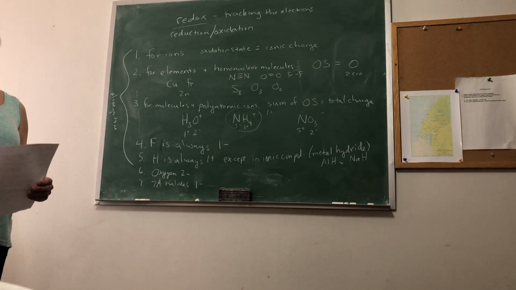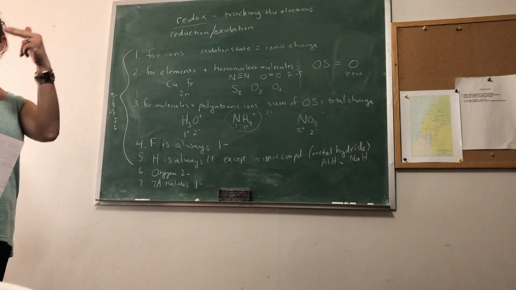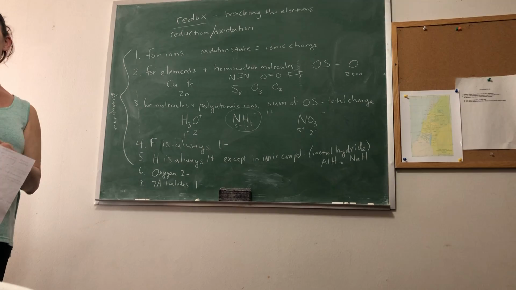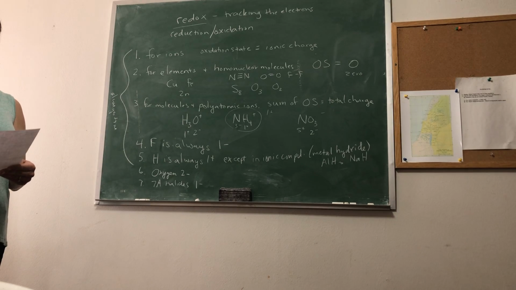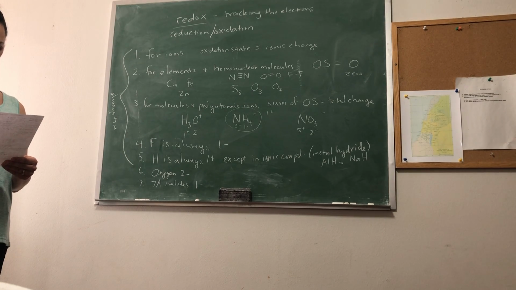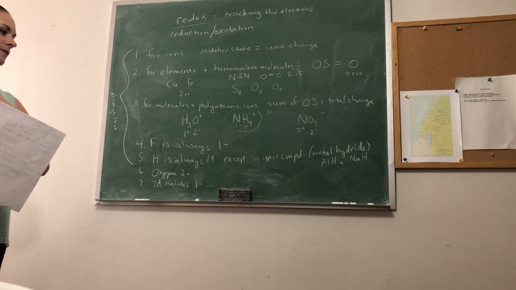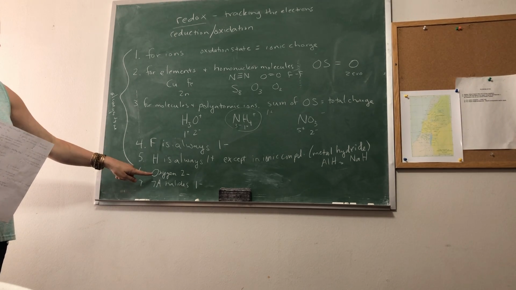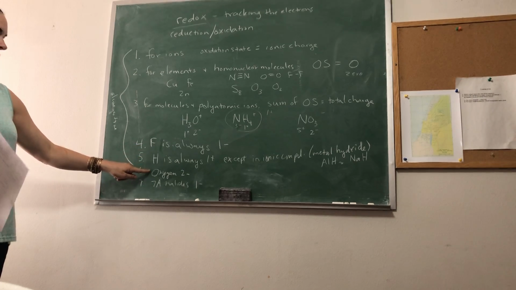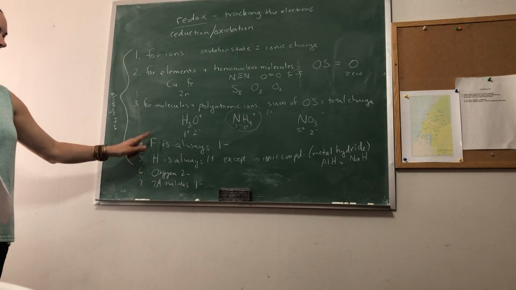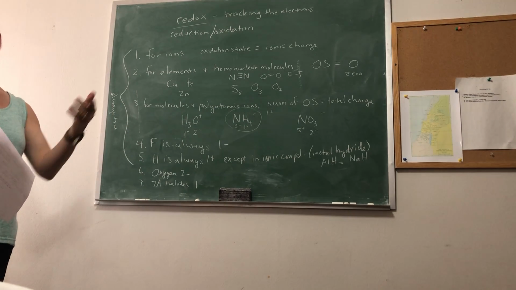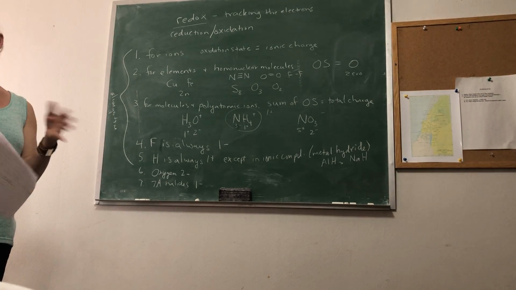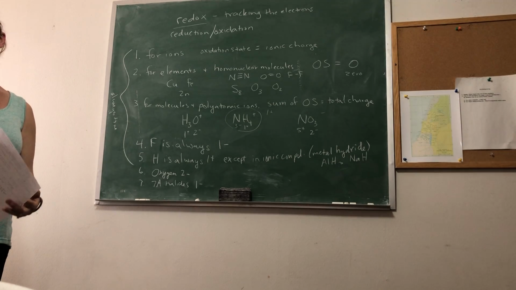Like chloride, especially chlorine. But fluorine, chlorine, iodine, bromine, everything in that group 7A, usually 1 minus. Okay? So fluorine, hydrogen, usually oxygen, and usually the halides will keep the same oxidation states regardless of what they're bonded to, but all the other elements can be any oxidation state. Okay?